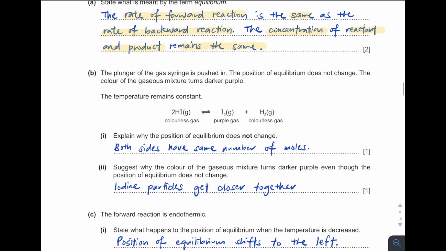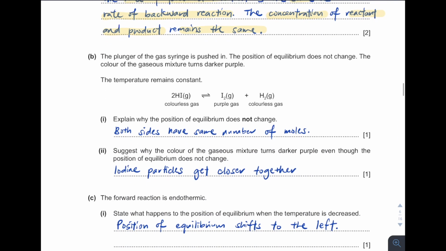Then see why the position of equilibrium does not change. In this case, you have to look at the number of moles on both the left hand side and right hand side. When the plunger of the gas syringe is pushed in, it increases pressure. But when the pressure increases, the position remains the same.